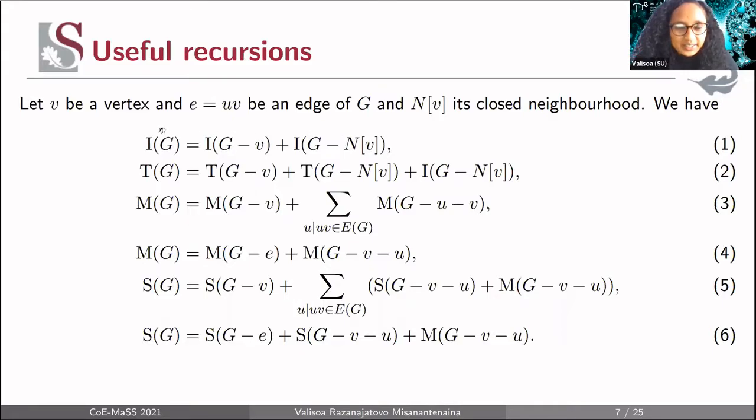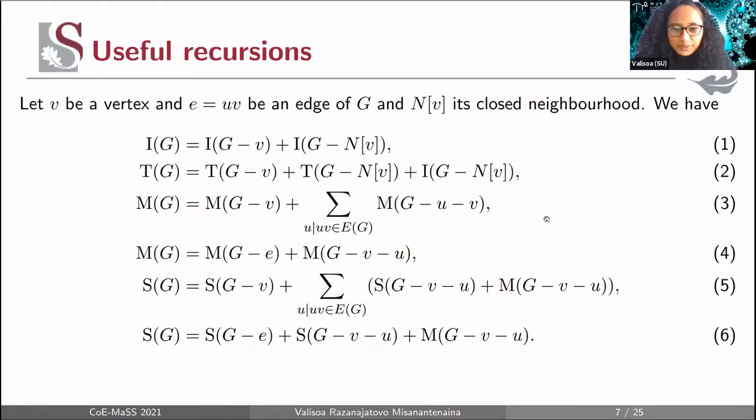It says that the number of independent sets in G is equal to the number of independent sets in G minus the vertex V, plus the independent sets in G minus the closed neighborhood of V. The closed neighborhood is just V and the vertices adjacent to V. And we can see from this equation that if we remove a vertex from a graph, it will definitely decrease the number of independent sets.